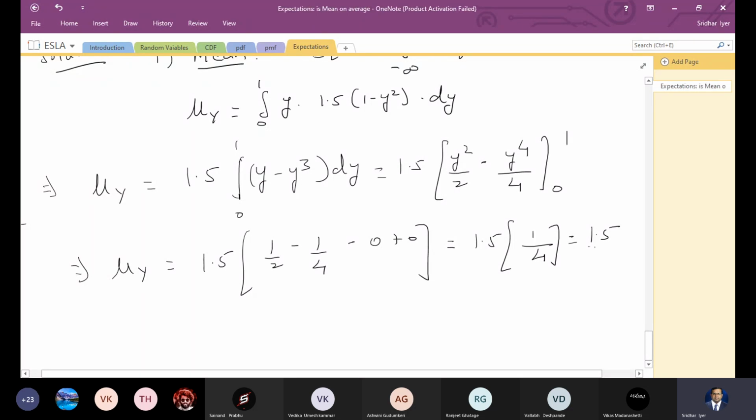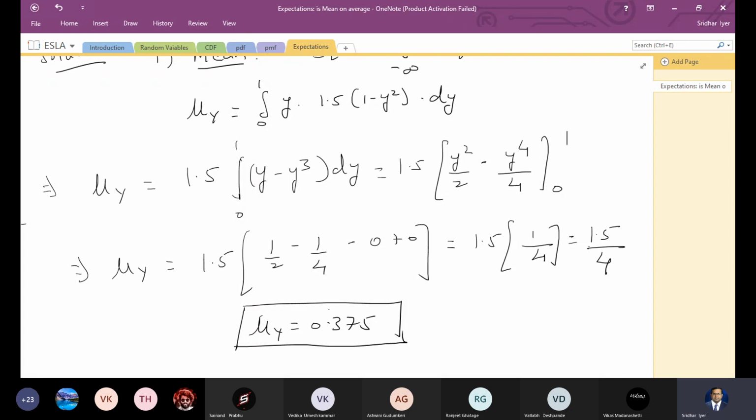This should be 1 by 4. So 1.5 divided by 4. Therefore mu y, in decimal form, will be 0.375. As I told you before, the mean, variance, standard deviation will all be constant values. So the mean value that we get here is 0.375.